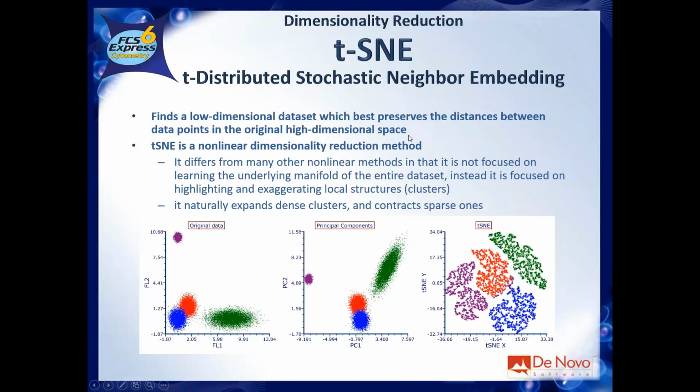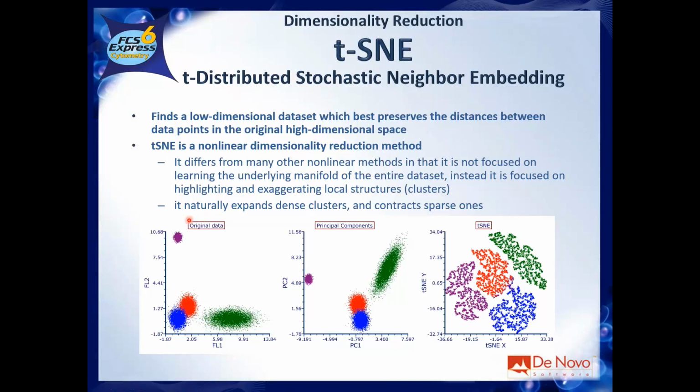So basically, the position in which those events are in the new dataset needs to resemble as much as possible the position in the original dataset, but with slight adjustment. And why do we have this ability to make adjustment? Because tSNE is a non-linear dimensionality reduction.